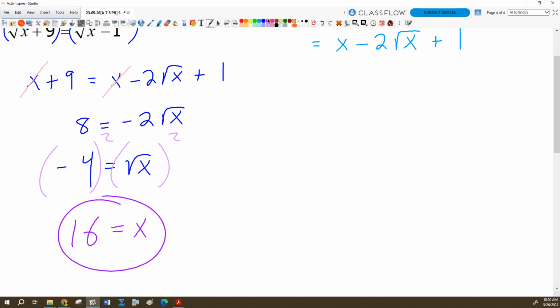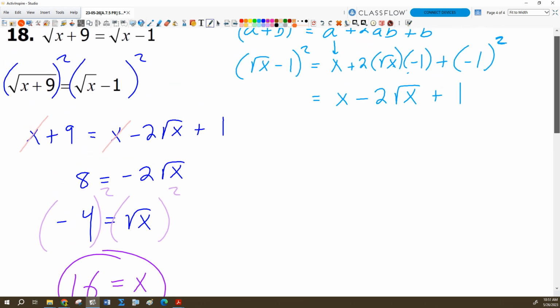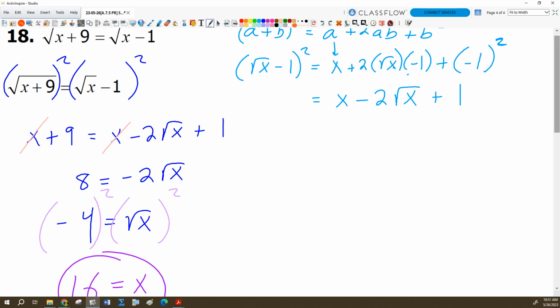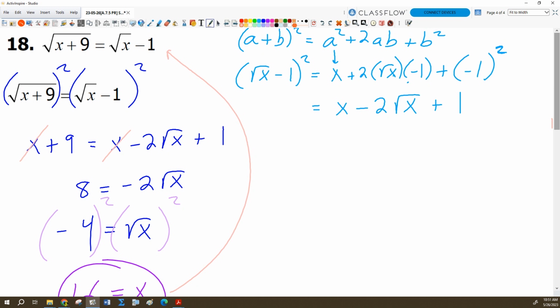And then what would I have to do? Well, check it, right? So I'm going to go clear back up to my original equation and check that. If I plug 16 into my original equation, we're going to get square root of 16 plus 9, which is square root of 25, equals square root of 16, which is 4, minus 1.